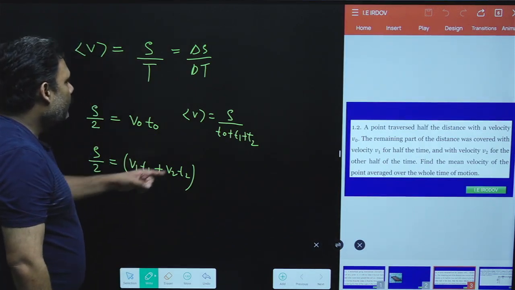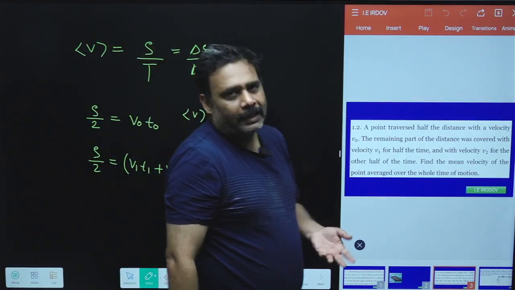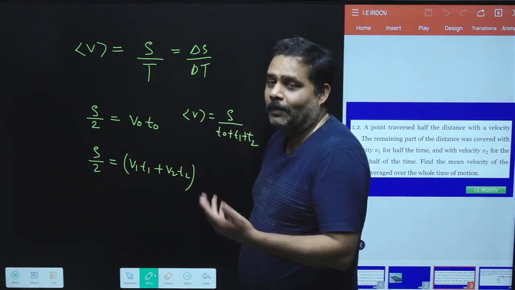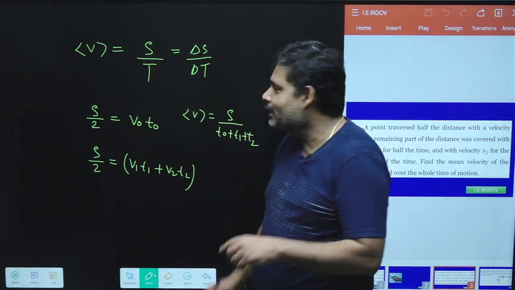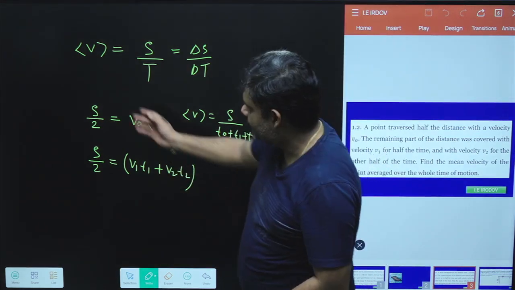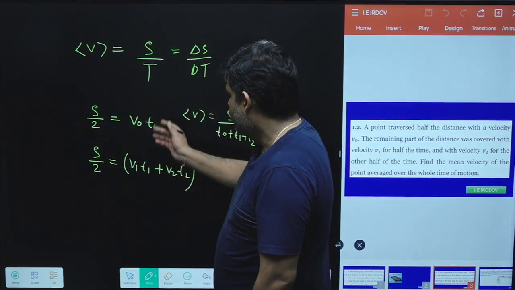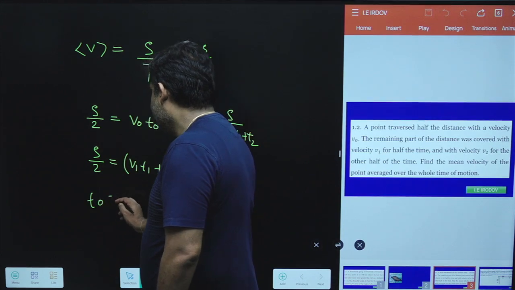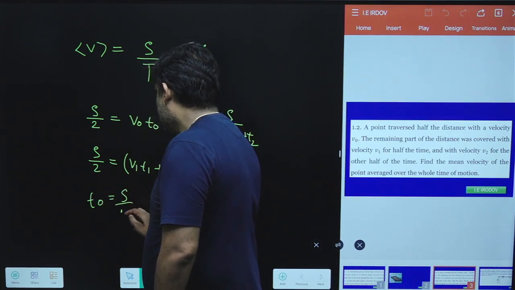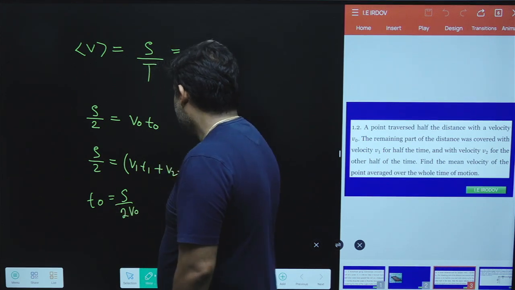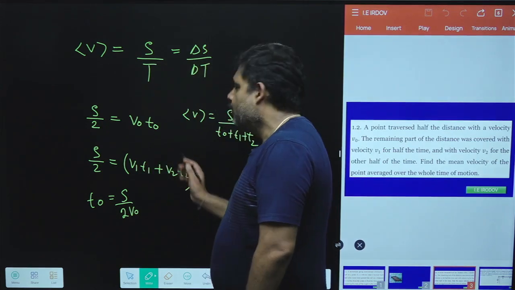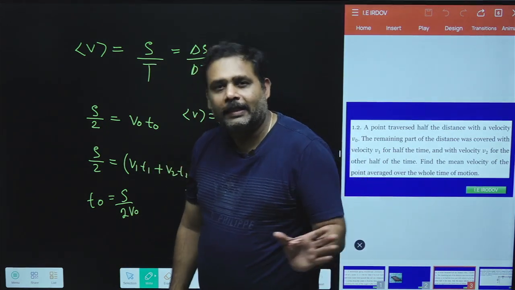Now, the whole thing is that either we have to write S in the form of time, or we have to write T0, T1, T2 in the form of S. So here we have to write each and everything in the form of S because it is much easier. So what will happen? T0 is given by S upon 2V0. And here in the problem it is given that T1 is equal to T2 because both are taking the same time.